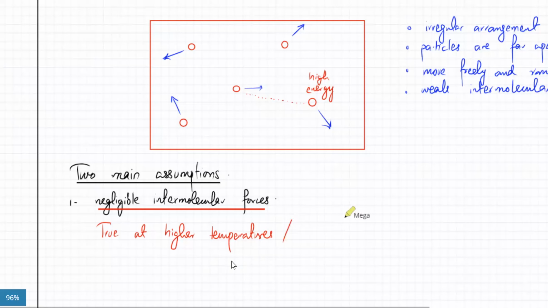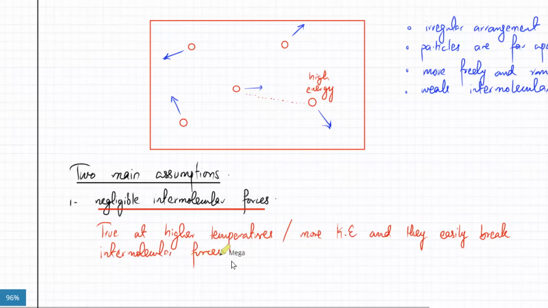They've got more kinetic energy, and they easily break those intermolecular forces at higher temperatures.